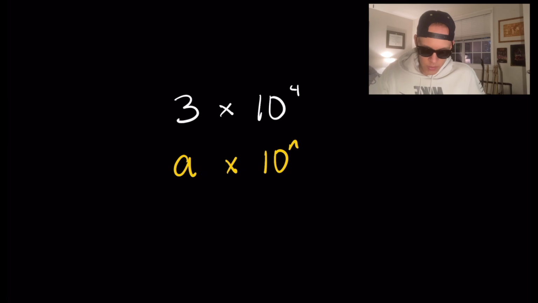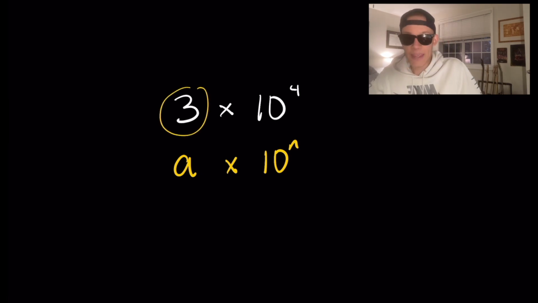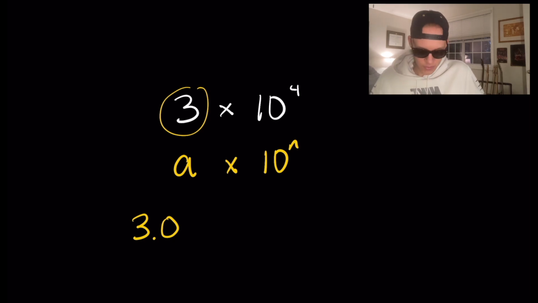The first thing you want to do is take whatever number is a, in this case 3, and write it in decimal form. So instead of just 3, I'm going to write it as 3.0. If a in your example already has a decimal, then you don't have to do this step.